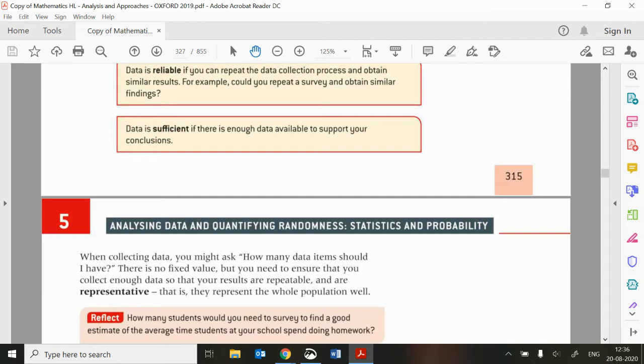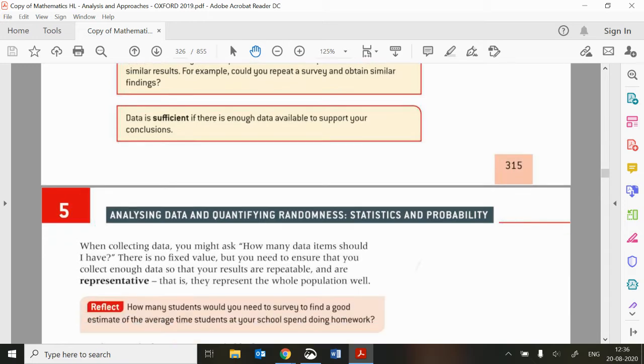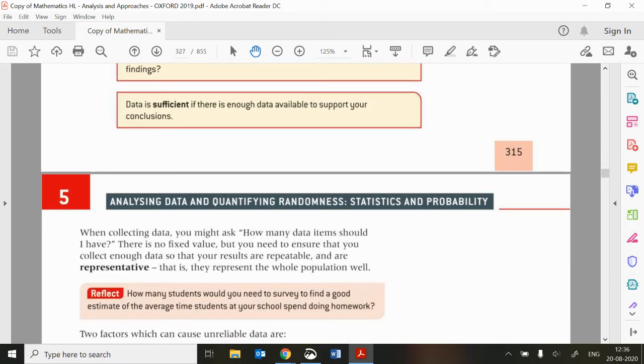If the data is reliable and we've got sufficient data, then it should be representative, because you should be able to repeat the process and find that we're getting the same conclusions about our population. Now perhaps if your data is reliable and you're repeating the process, you're getting similar findings which are not consistent with the population because of an error in your sampling. But we do want to ensure that we are getting something which is representative of the population.